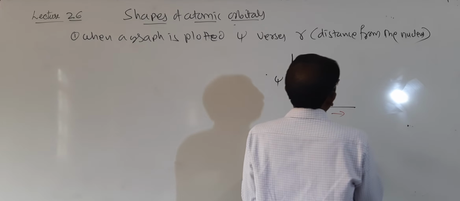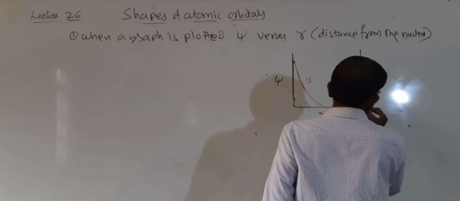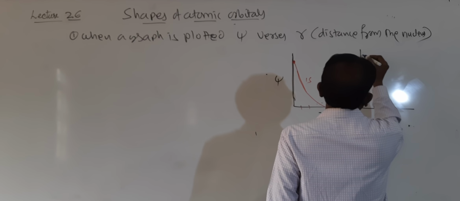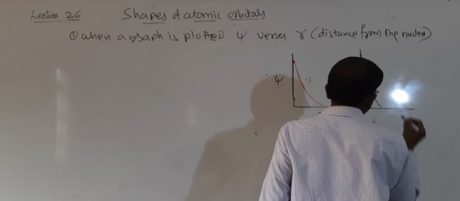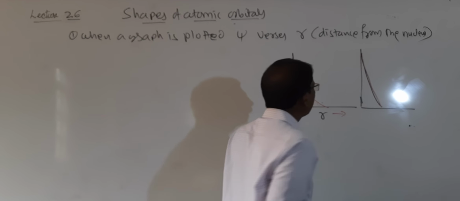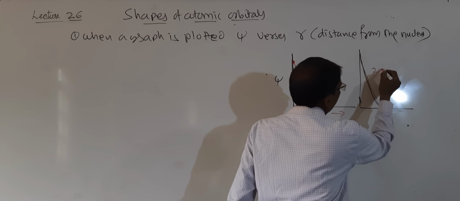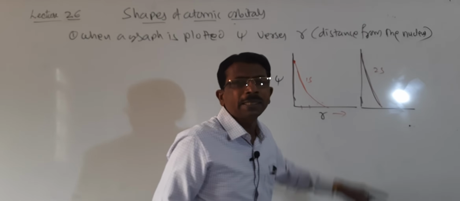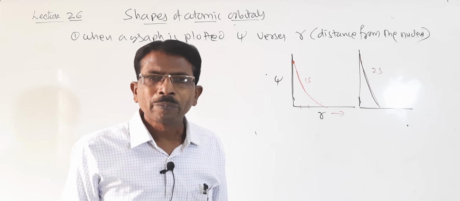In the case of the 2s orbital, look here, the probability density at the nucleus is more.